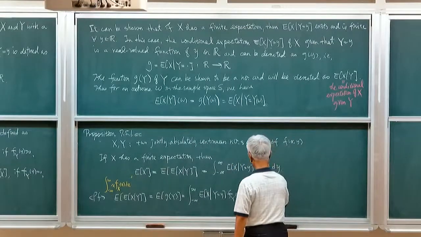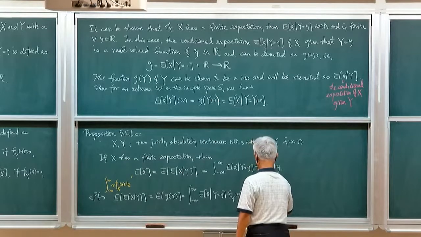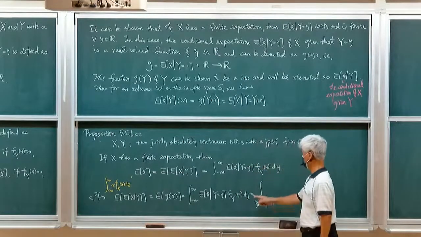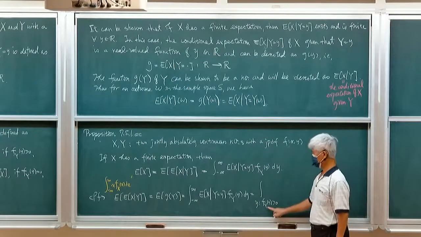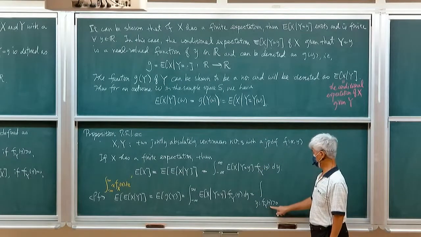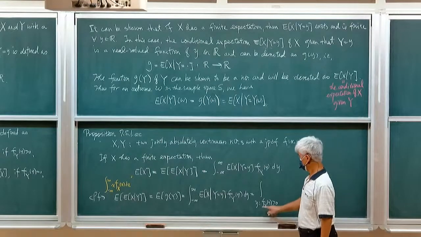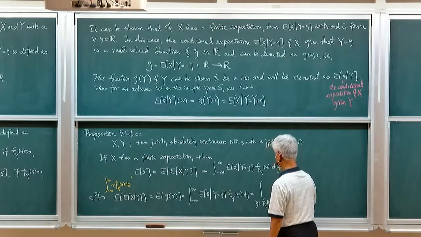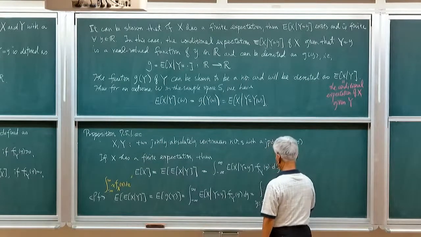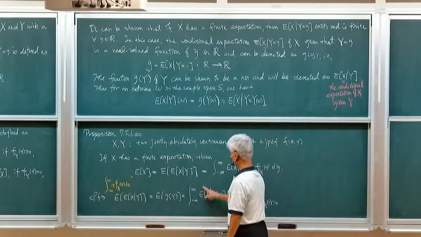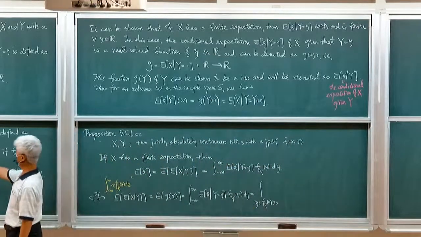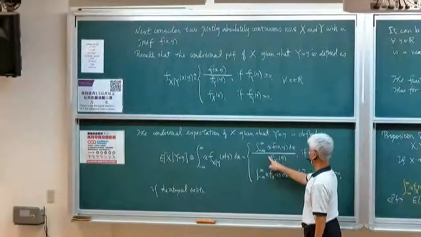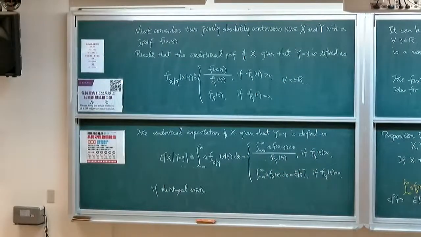And we can evaluate over y such that the marginal PDF is positive at the rows y. In this situation, now this one can be replaced by this formula.